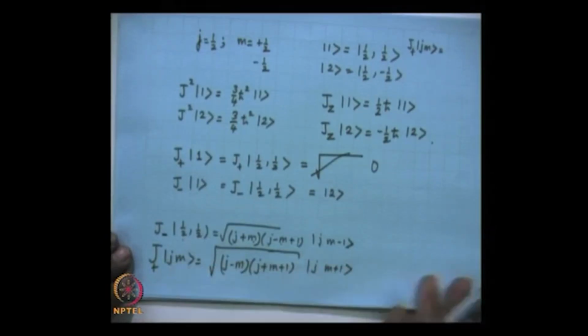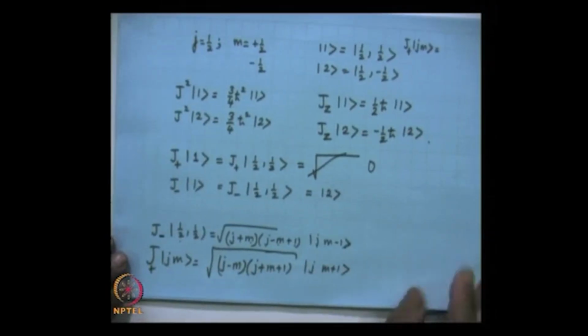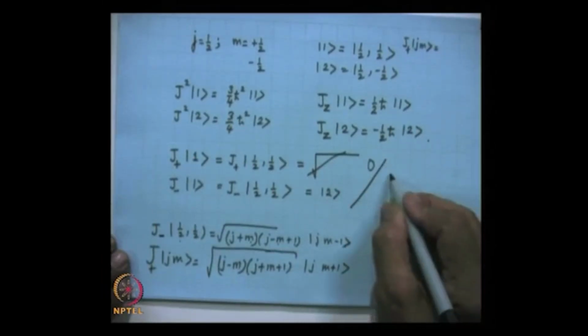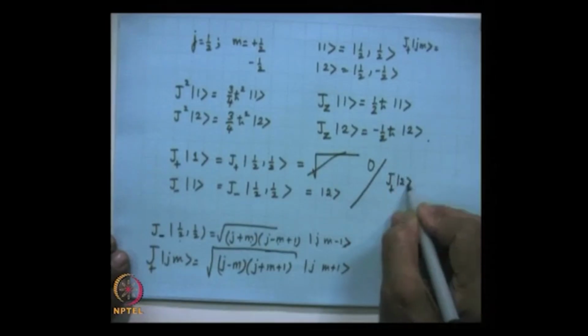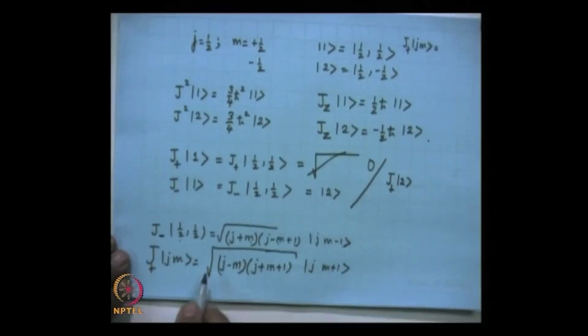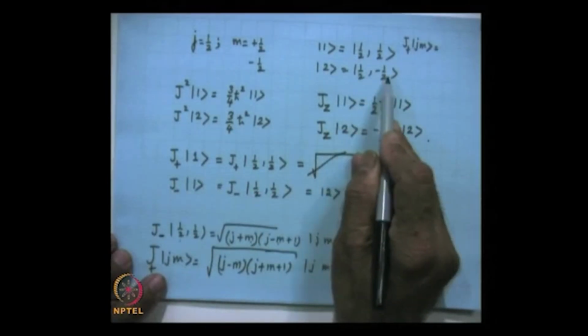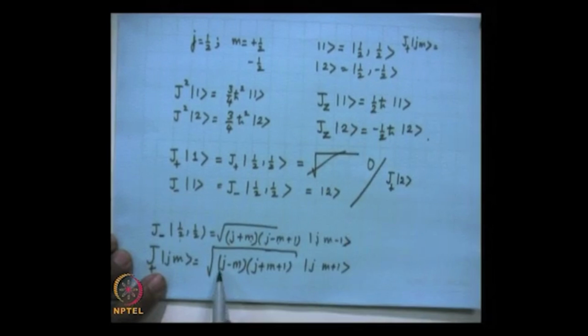Now, let me write down what is J plus ket 2. So, here j is half, m is minus half. So, you get j minus m, half minus minus half, half plus half is 1, half minus half is 0.